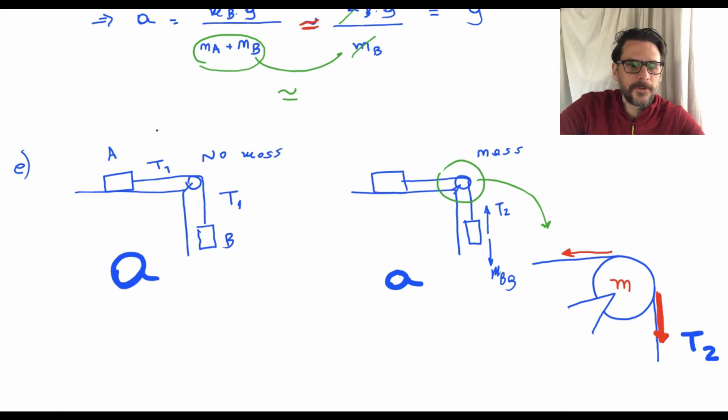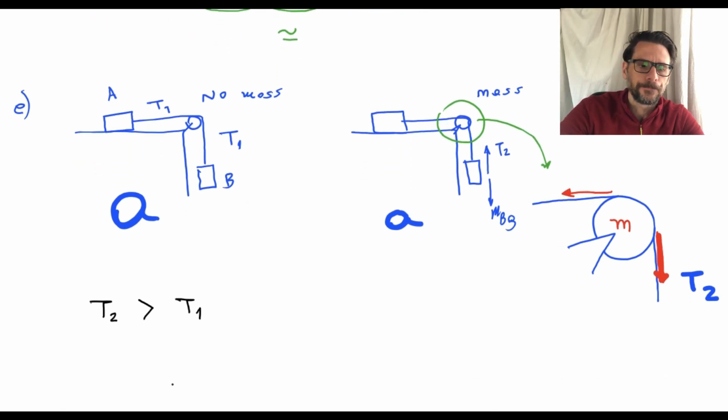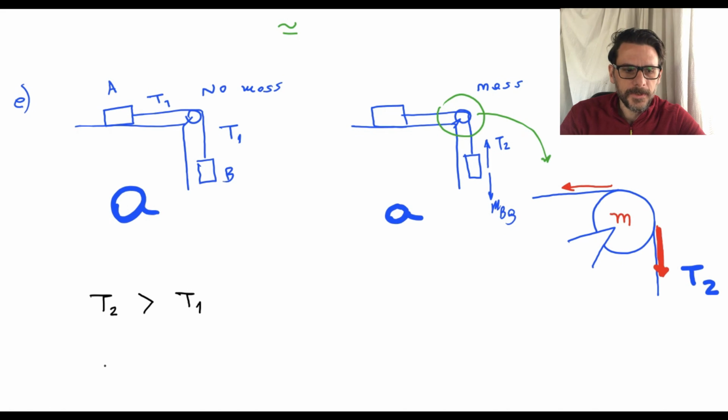Let's write it with a different color. None of the things that I just drew with blue color is required. Our statement is that T2 will be bigger than T1, the original tension. Why? We'll say something like this.